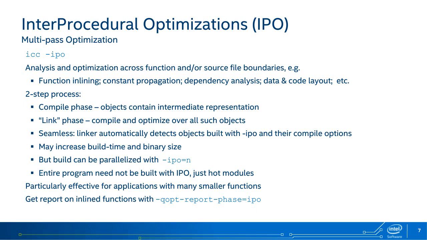In this case, the compiler performs IPO across all mock object files. Using extra information, the compiler performs optimization across functions and procedures in different source files. It may cause an increase of build time and binary size, of course, but the performance benefit may be quite significant.